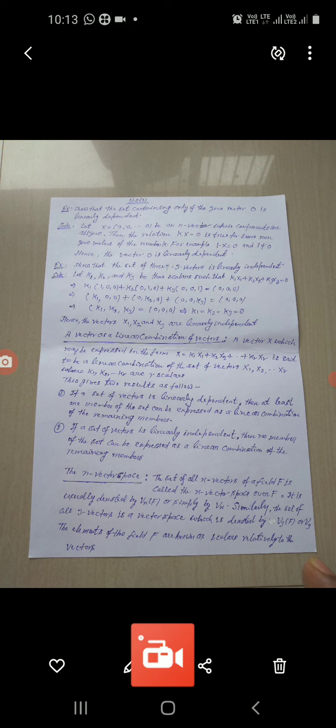Hence the vector 0 is linearly dependent. Once more, 1 into x is equal to 0 means k is not equal to 0 but x is equal to 0, that is the 0 vector. Hence the 0 vector is linearly dependent since the constant k is not equal to 0.